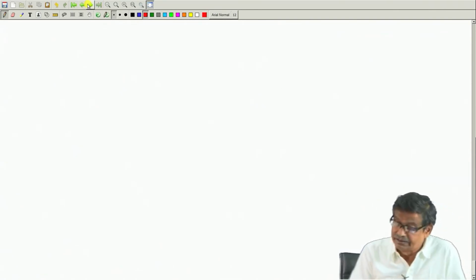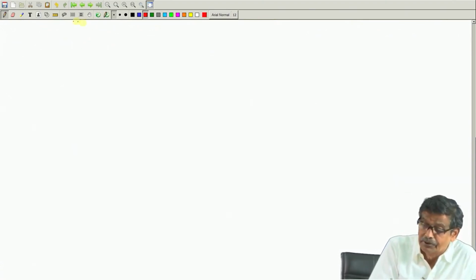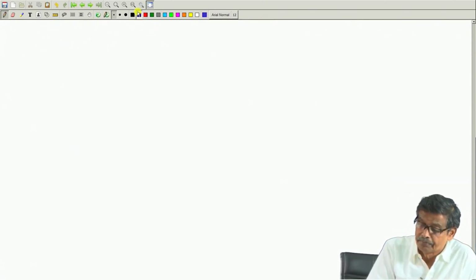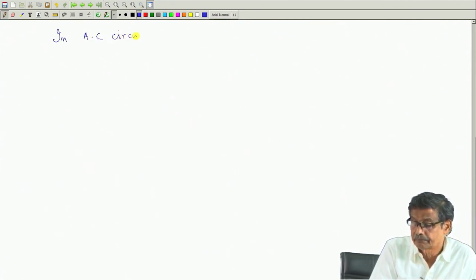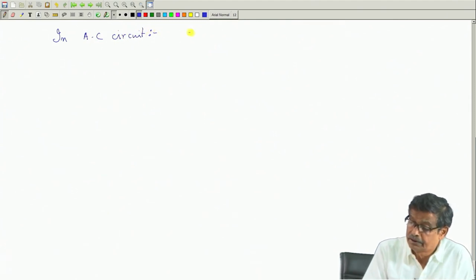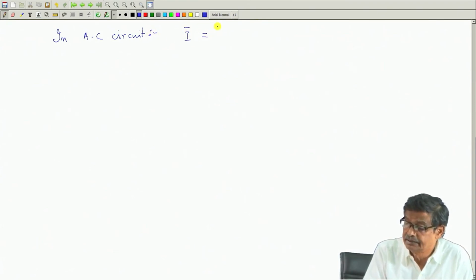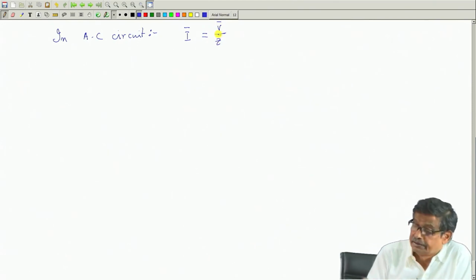Now, so this P average, now we make an important statement. In an AC circuit, we have seen that the current in the circuit is I bar equal to V bar by Z bar, just like your DC circuit.